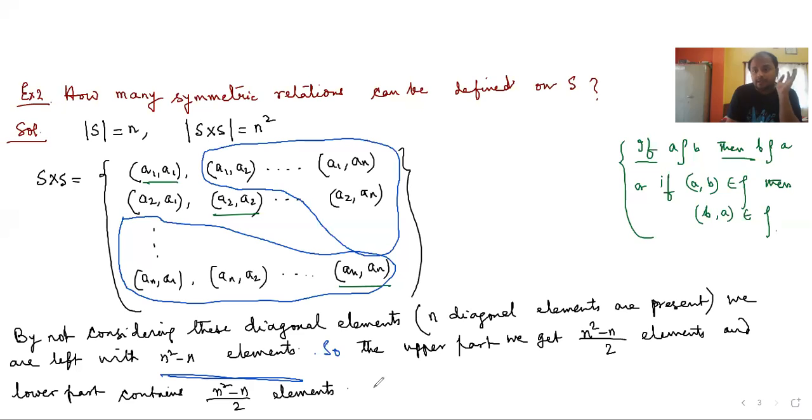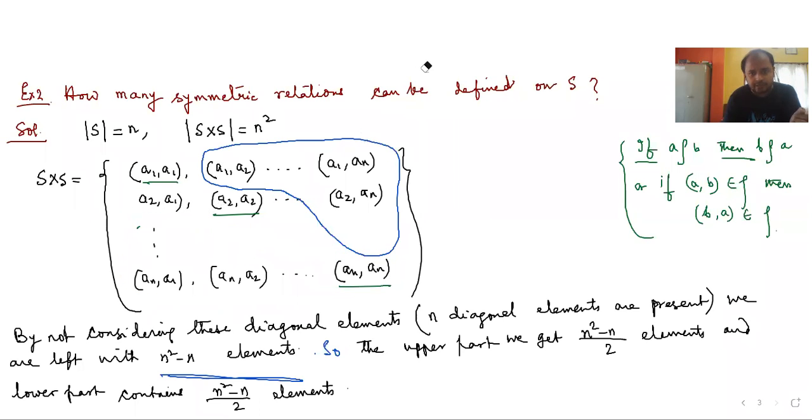Now suppose you are designing a relation. You want to design a symmetric relation. What do you do? I'm writing one particular element over here for your better understanding. Let me draw it properly. Some mistake is there. The colored portion will be from this.